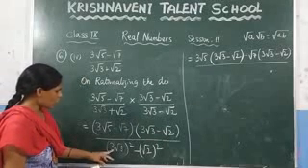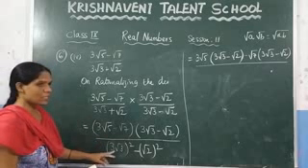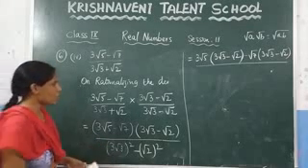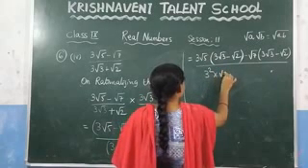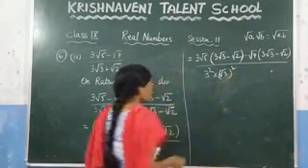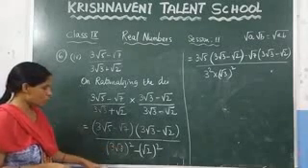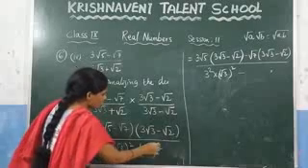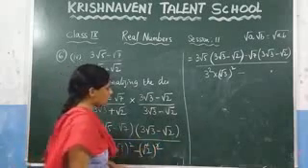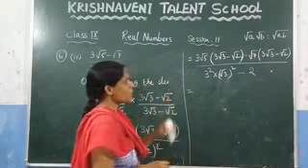Here it is in the form of (ab) whole square. You know that the formula for (ab) whole square is nothing but a square into b square. So here you will get 3 square into root 3 whole square. Right? This square is applicable to both of the numbers. 3 square into root 3 whole square minus. Here you can observe that this square and this root will get cancelled. What is left out here? 2.